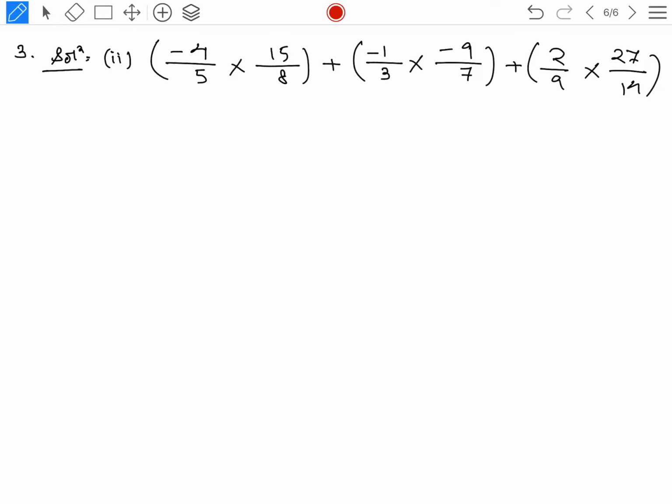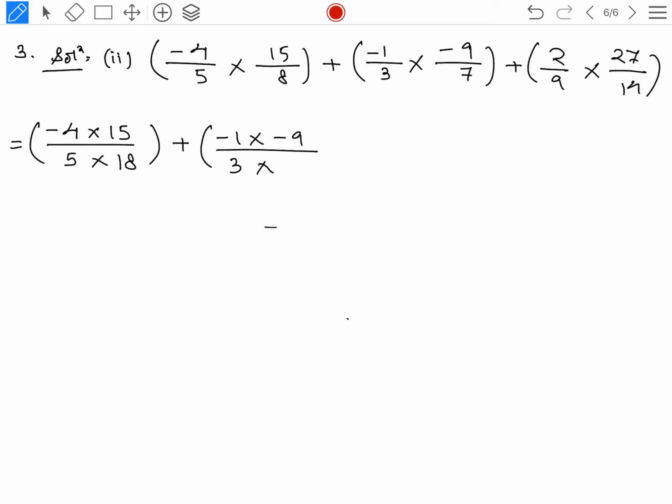See, the question seems lengthy, but it is very easy. How you can do it: first you break down the brackets, that means the terms inside the bracket. The first one, multiply numerator into numerator, minus 4 into 15, then denominator into denominator, that is 5 into 8, then close the bracket, then plus numerator into numerator, what is given, minus 1 into minus 9, then denominator into denominator.